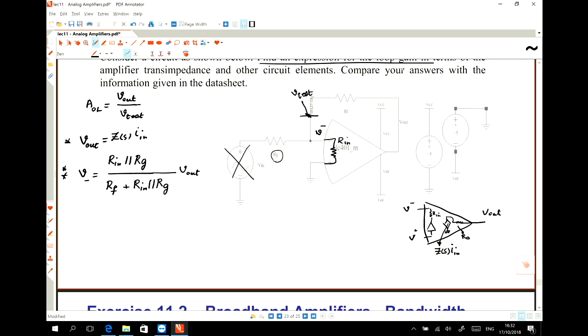Also we know that the current which is passing here, and I call it I in, so I in equals minus V minus divided by R in.